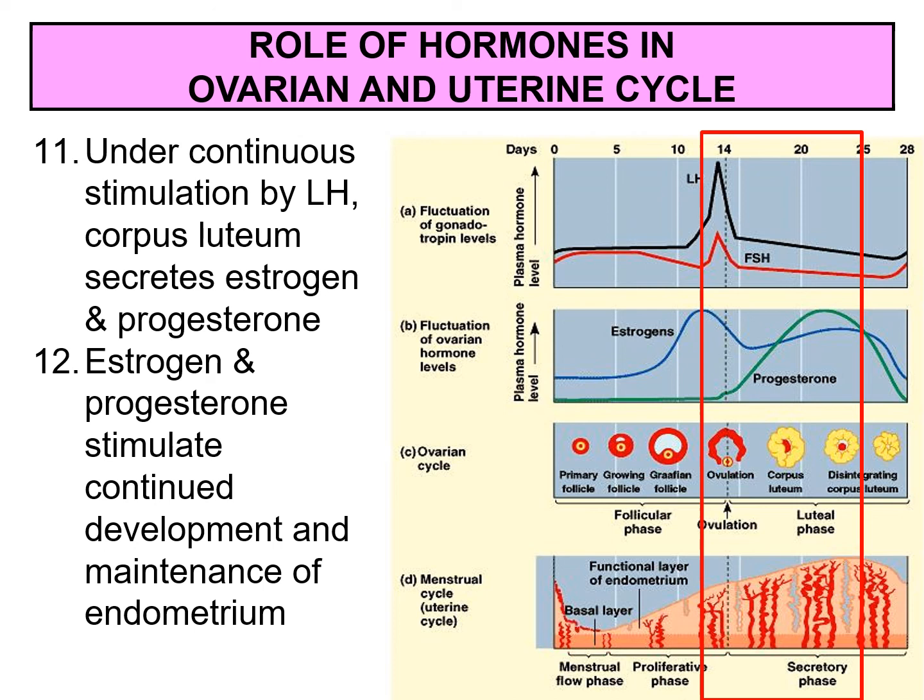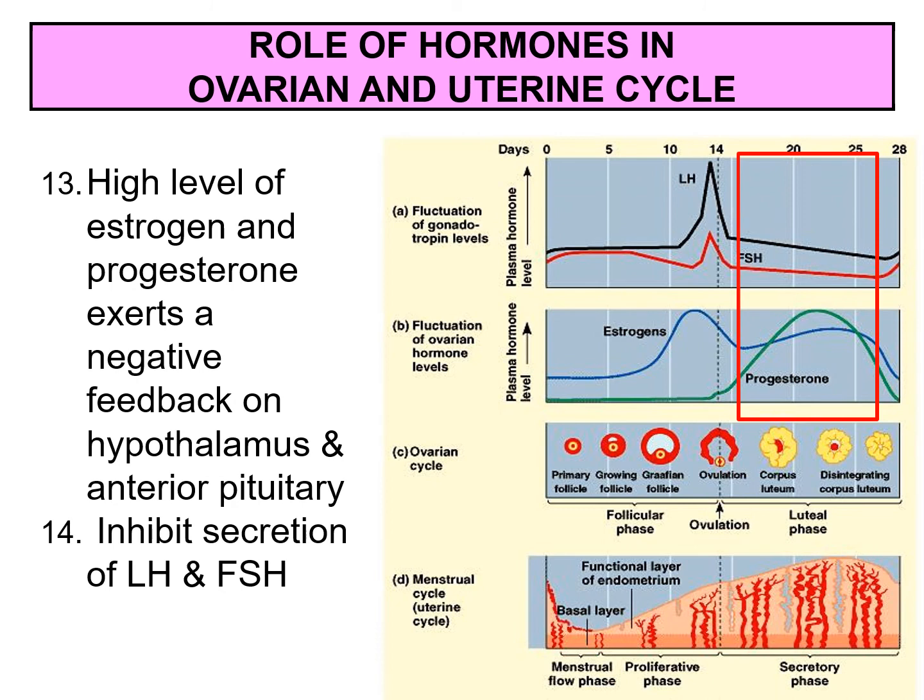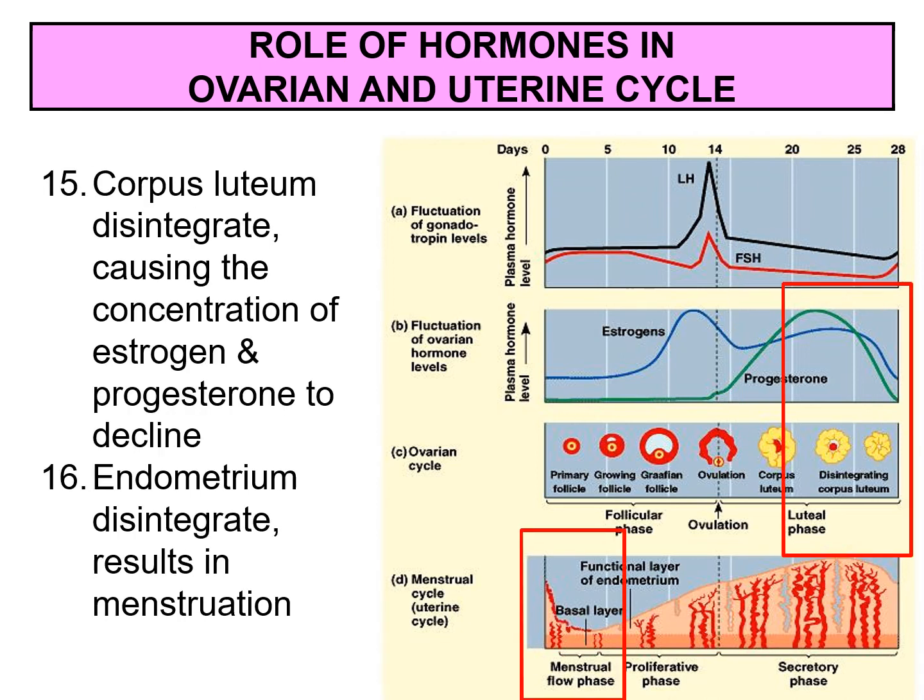Then estrogen and progesterone stimulate development and maintenance of the endometrium. High levels of estrogen and progesterone affect the hypothalamus and anterior pituitary negatively. So LH and FSH will be inhibited from being secreted.